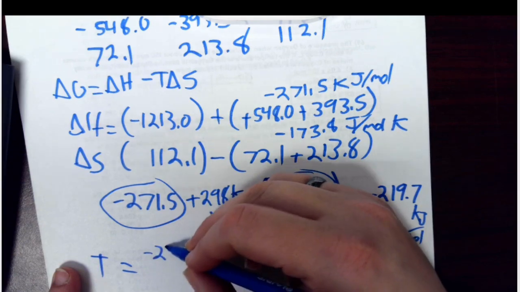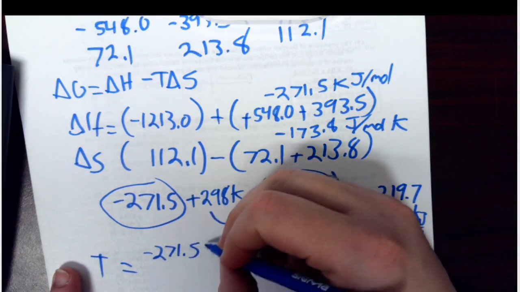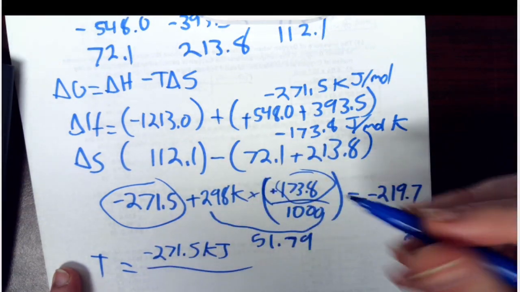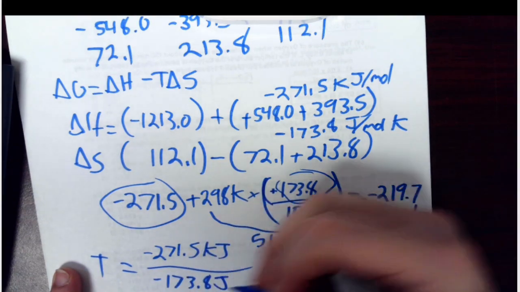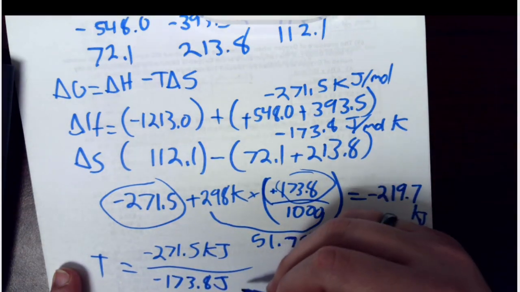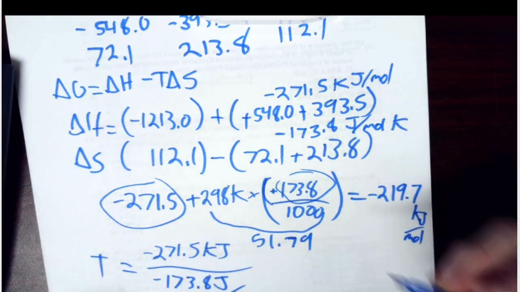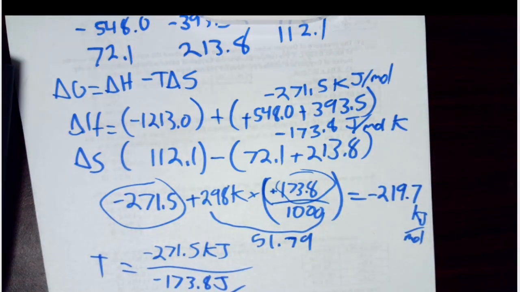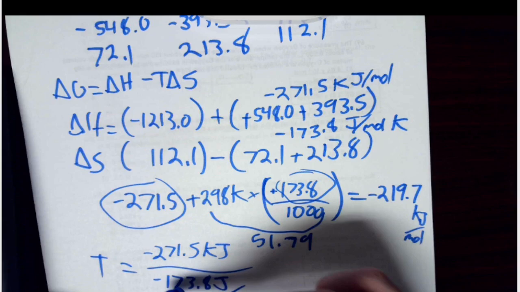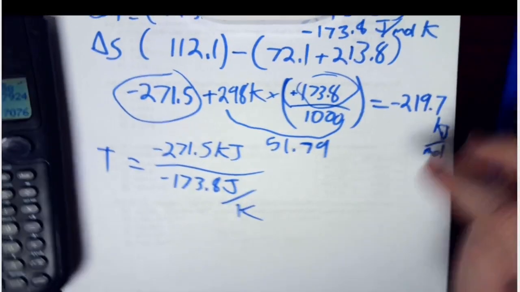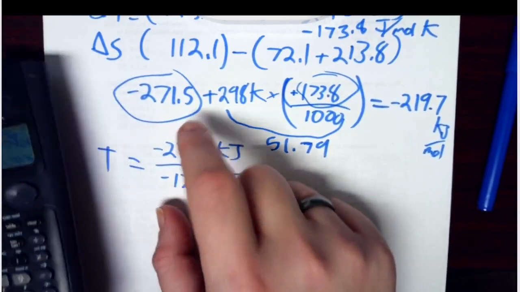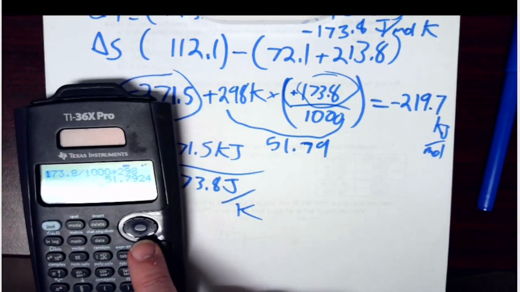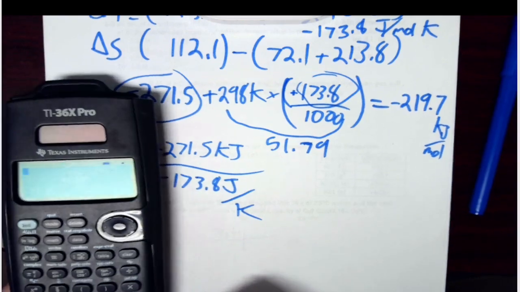So negative 271.5 kilojoules divided by negative 173.8 joules. So with that in mind, if one of these values is positive, your answer is always going to be negative. But they both have to have the same sign, because temperature in Kelvin can never be negative.